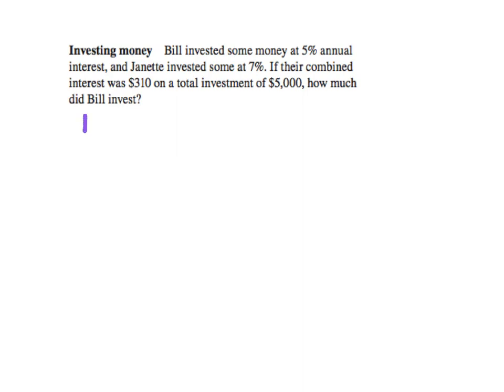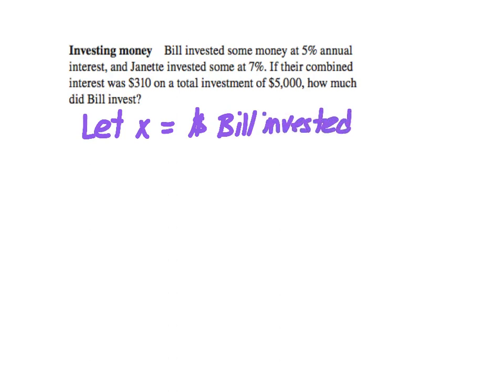So I'm going to let X equal the amount of money that Bill invested, and let Y equal the amount of money that Jeanette invested.